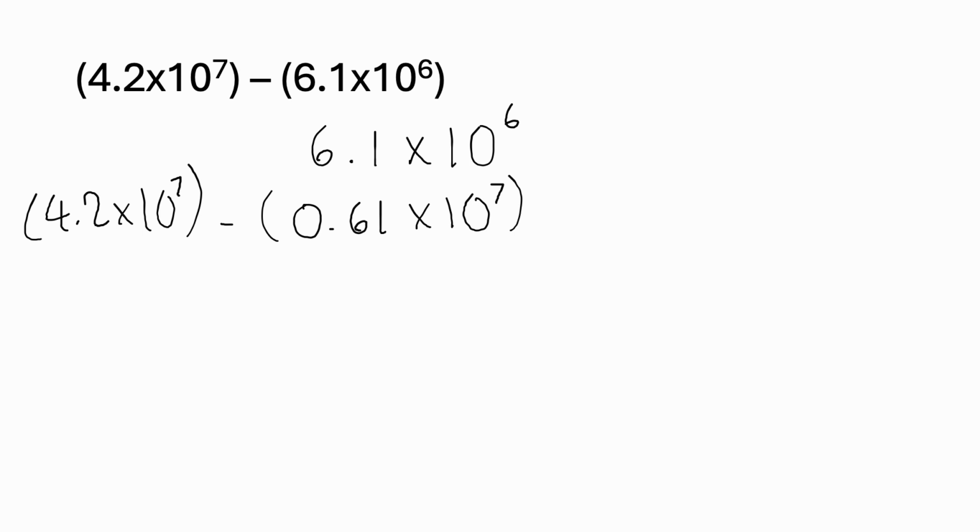Again, same thing that we do. Essentially we're going to do 4.2 subtract 0.61. And because they're both to the same 10 to the power of 7, we're going to keep that the same.